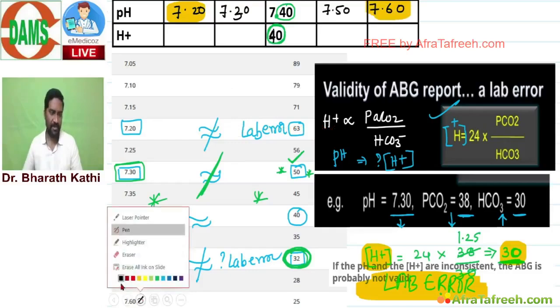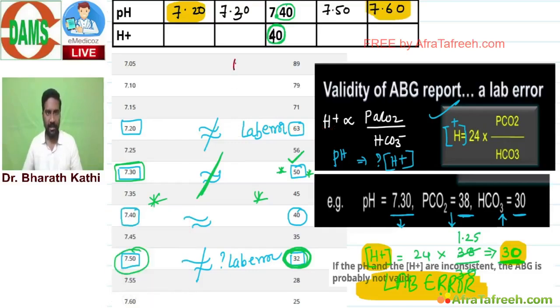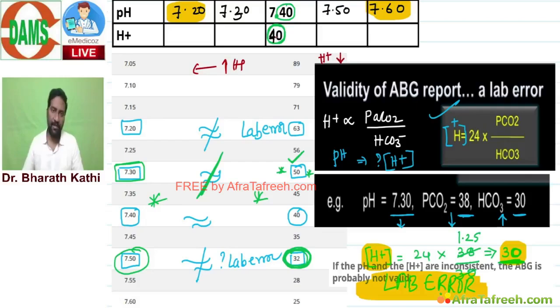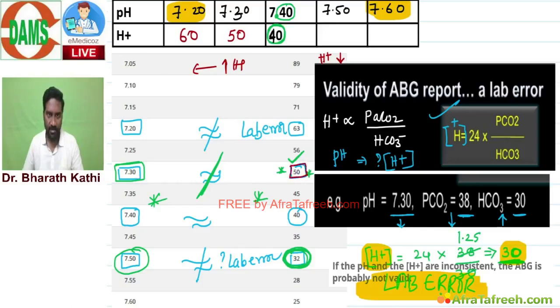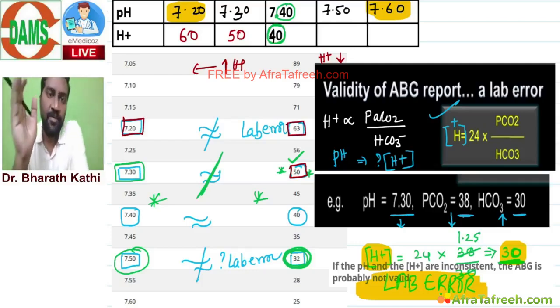As pH decreases, H plus generally increases. As pH increases, H plus decreases. Now keeping that in mind, from 40, this will become 50 here. Here it is 60. Now if you see in the original table also, at 7.30, it is 50. Okay, correlating. At 7.20, it is 63. 60 is okay, no problem. So very easy to remember.